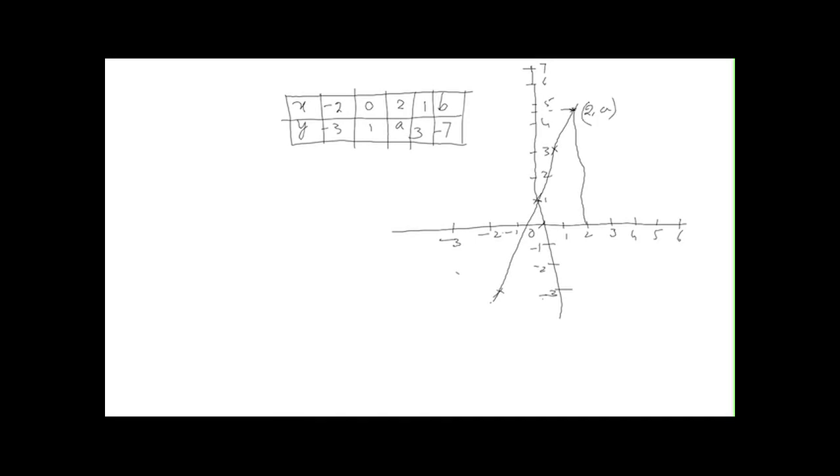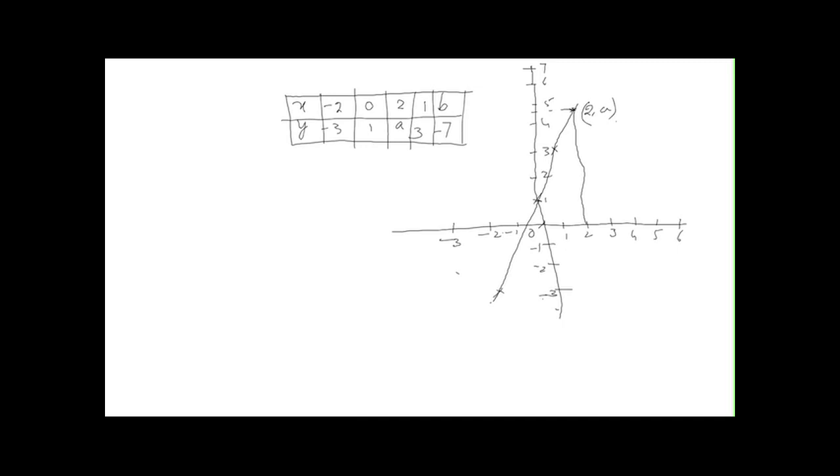So what is the value of a? 4.5. Correct. Now similarly minus 7 is somewhere here. We can find that value also. This is the graphical method.